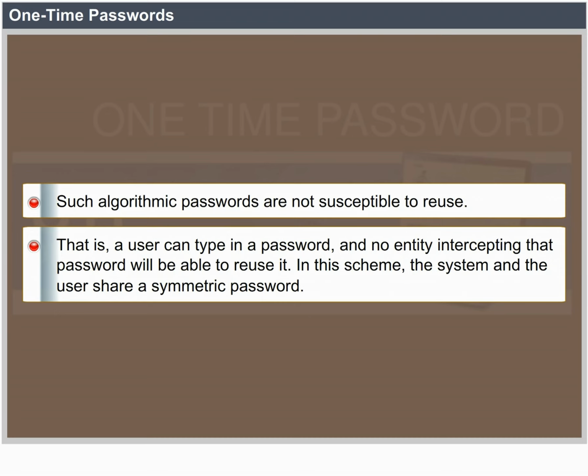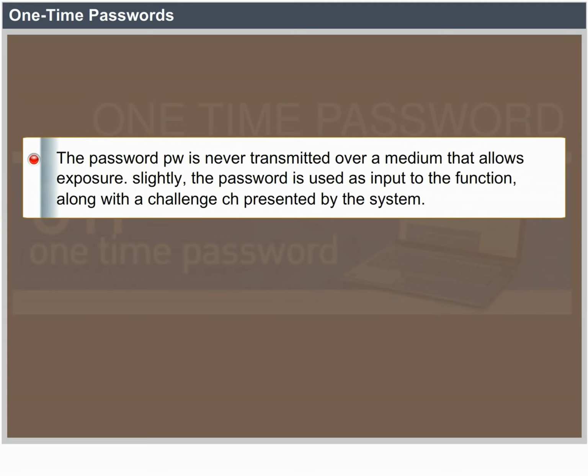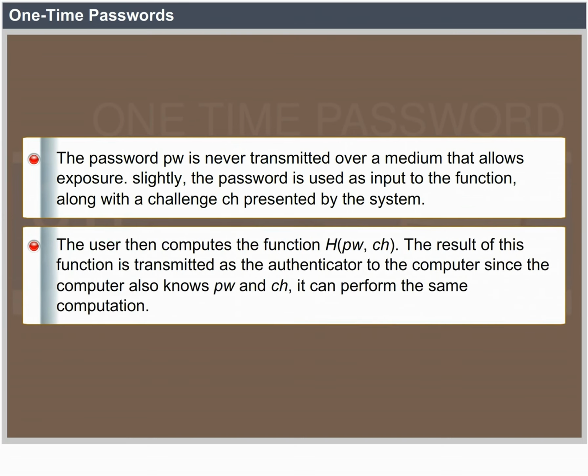The password PW is never transmitted over a medium that allows exposure. Rather, the password is used as input to the function along with a challenge CH presented by the system. The user then computes the function H(PW, CH). The result of this function is transmitted as the authenticator to the computer. Because the computer also knows PW and CH, it can perform the same computation.